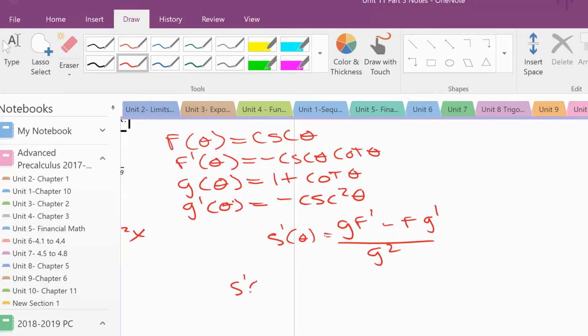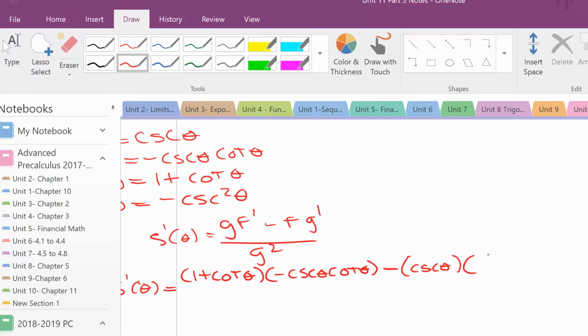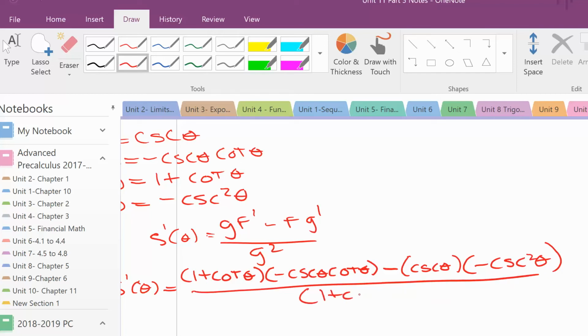So s prime of theta is going to equal 1 plus the cotangent theta times negative cosecant theta cotangent theta minus cosecant theta times negative cosecant theta, or cosecant squared theta, sorry, all over 1 plus cotangent squared.